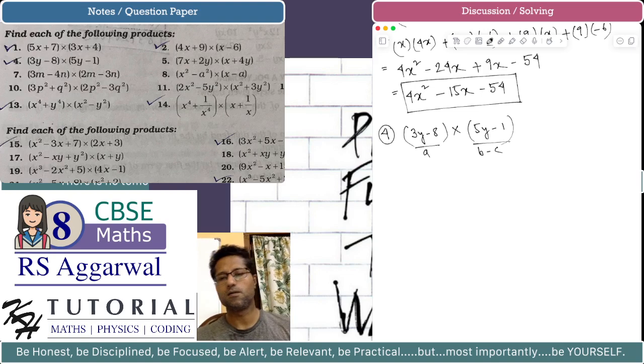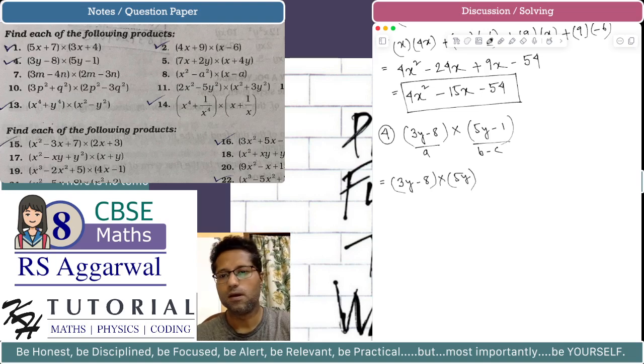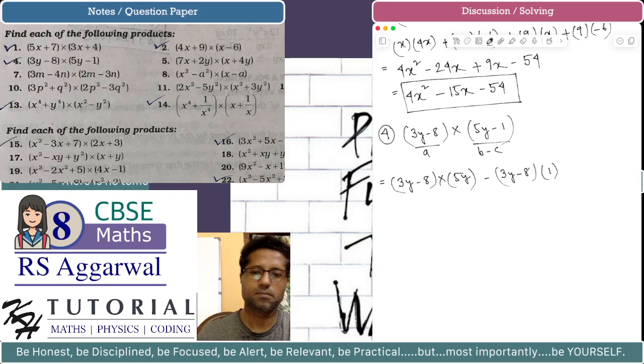Since this is a product of two binomials, this will be equal to A into B, that is 3y minus 8 multiplied by 5y, minus A into C, that is 3y minus 8, and C is 1. Again we have 3y minus 8 multiplied by 5y.